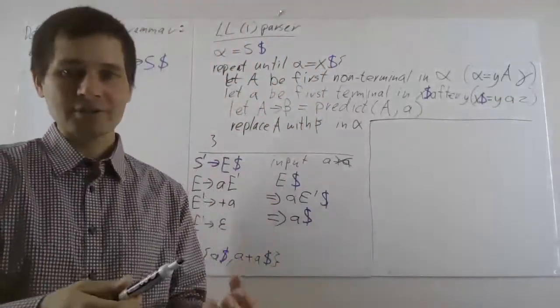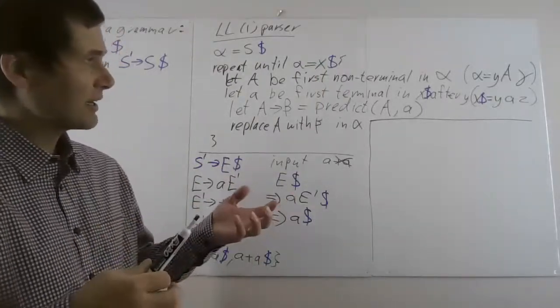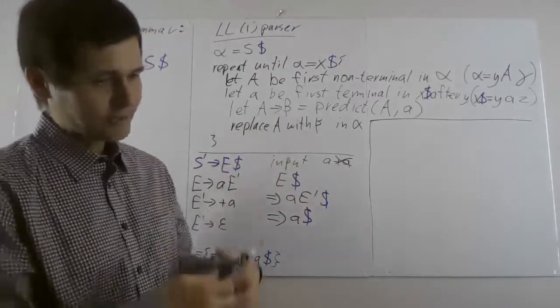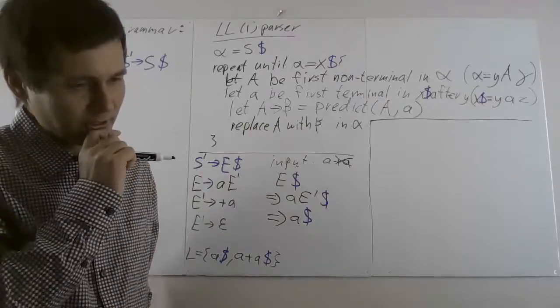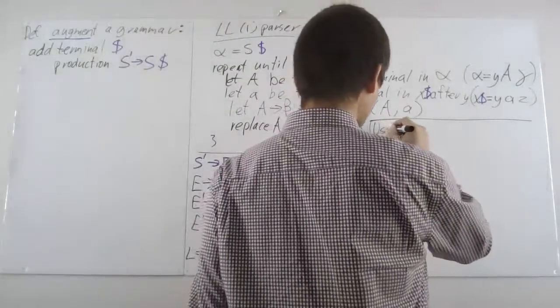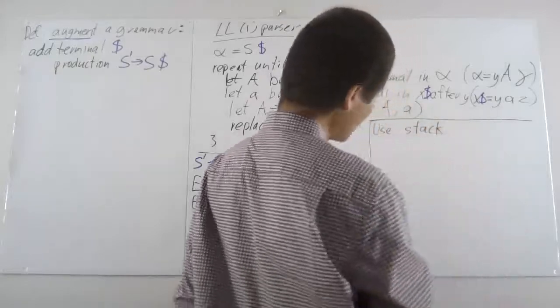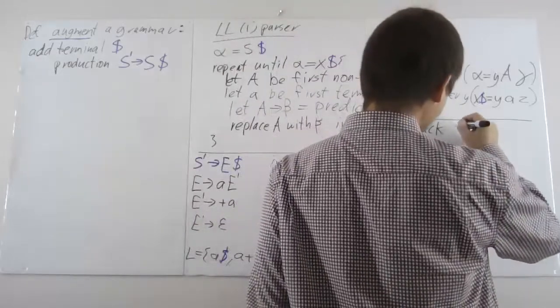We want a data structure that is efficient and lets you make changes in one place. The data structure that we're going to use is a stack. So, use a stack. We're using a stack to represent alpha.